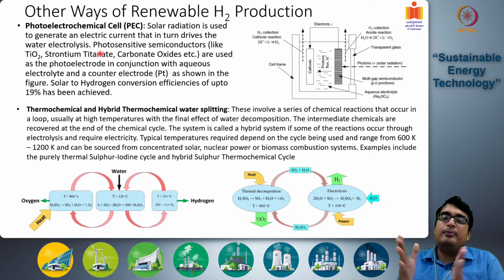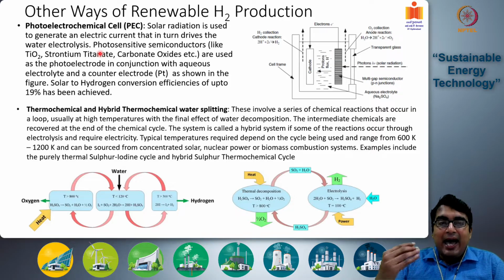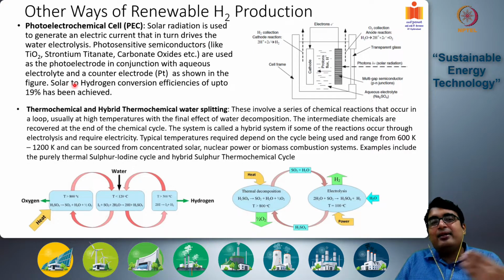So here the term being used is a photoelectrode, which generates electricity in its own material when sunlight is incident on it. And this photoelectrode is kept in conjunction with an aqueous electrolyte and a counter electrode, usually made of platinum or coated with platinum, as shown in the figure. We will discuss this figure in a little bit of detail.